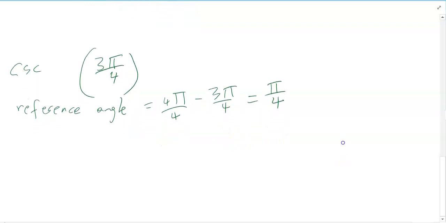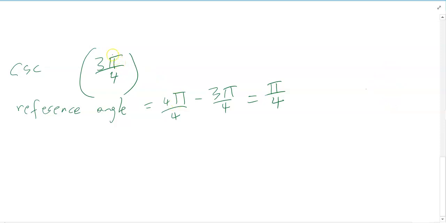Right? And then we know that the cosecant of pi over 4 was radical 2. That was the reciprocal of your sine, and sine we know was radical 2 over 2. So if you flip that, it would be 2 over radical 2, and that gives you radical 2.